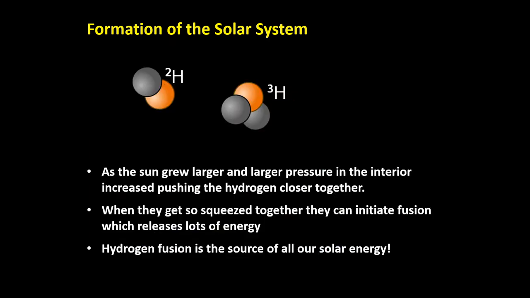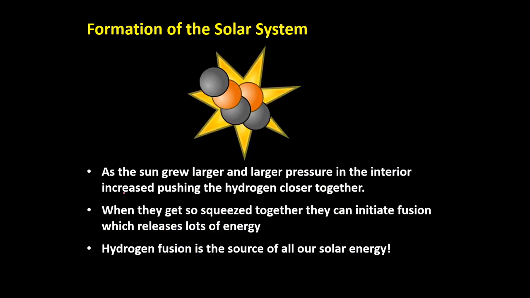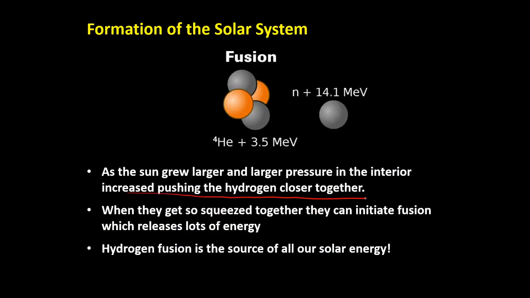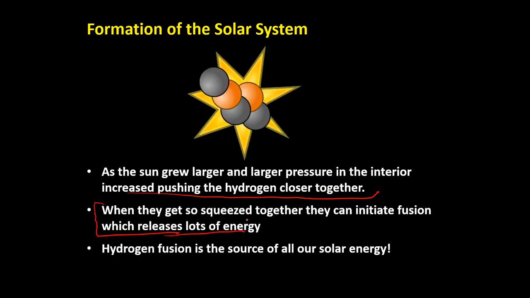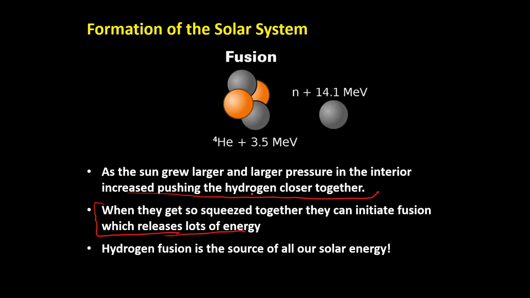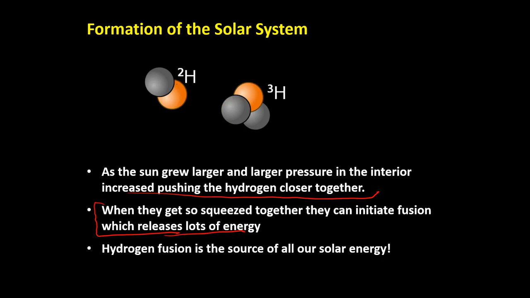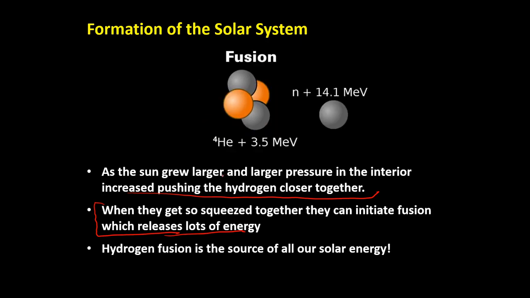So as the sun grows larger and larger, pressure in the interior increases, pushing the hydrogen closer together. When they get squeezed so much, they initiate fusion, which releases a lot of energy, and in turn provides energy to ignite other hydrogen atoms and cause them to react as well to form helium.